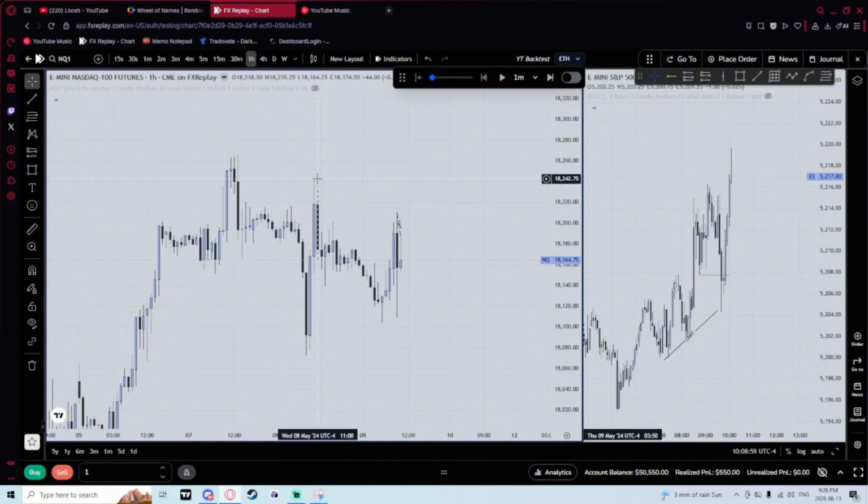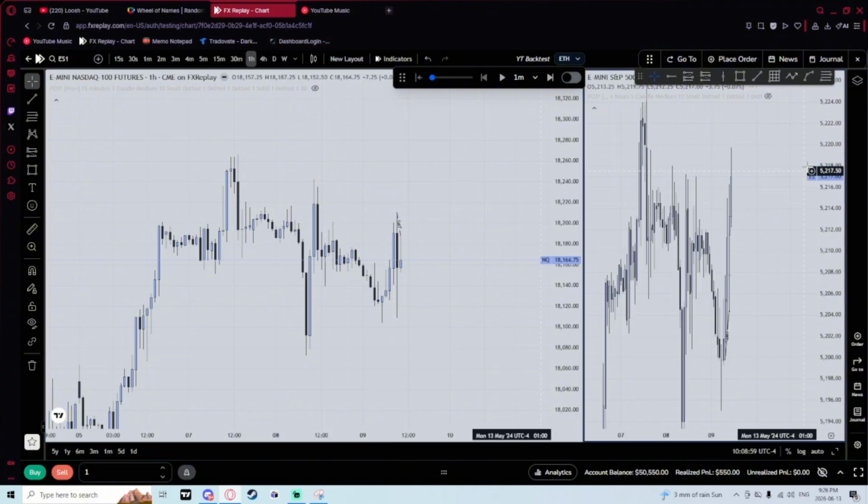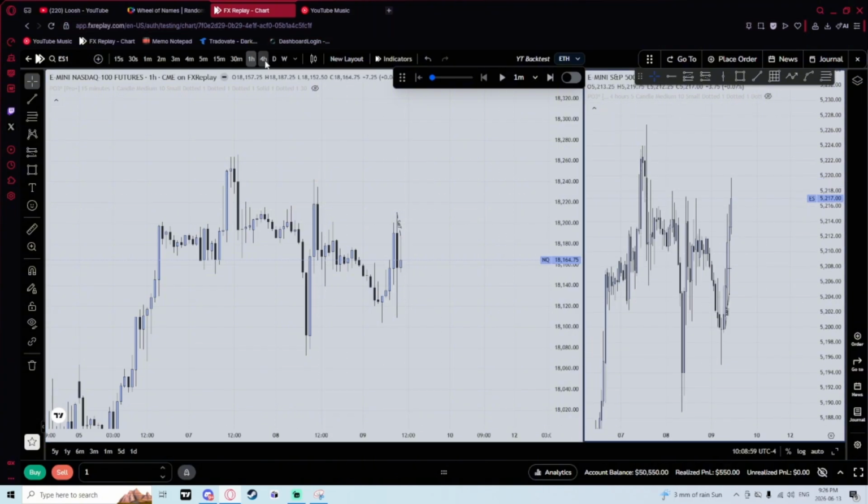On the hourly, ES took everything except for this high. We swept an hourly intermediate high. This is low probability, honestly. This is shit. There's high resistance on both ends of the field.